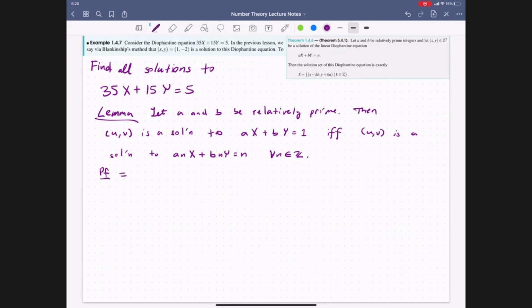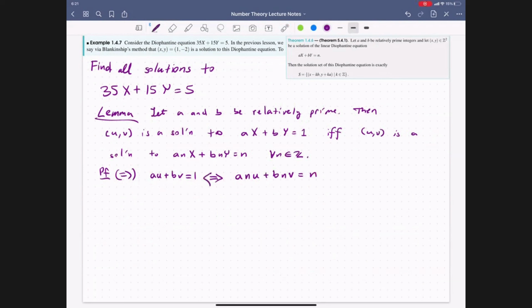So we can observe that if (u, v) is a solution, then we have au. So the forward direction, we assume (u, v) is a solution. So au + bv is equal to 1. We multiply by n, and we have anu + bnv equals n. And then the whole process is reversible because we can just divide. If (u, v) is a solution to this Diophantine equation here, then we can always divide off by n to return back to this and conclude that.